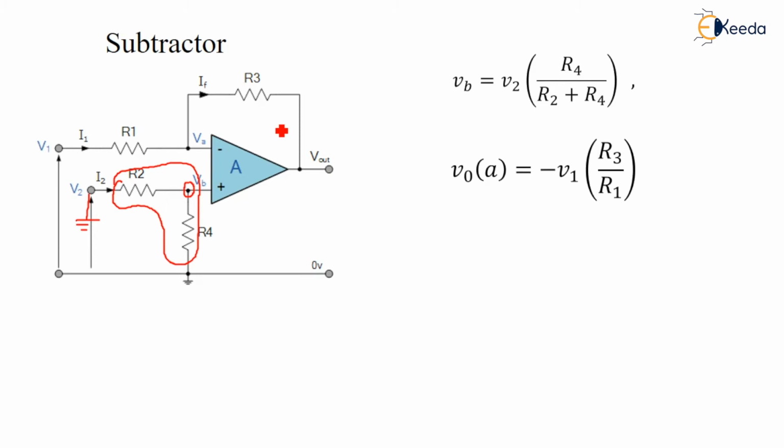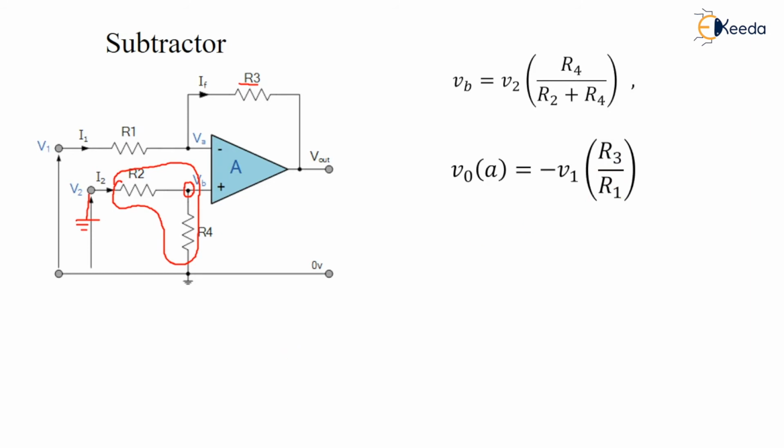In an inverting amplifier, we know the output voltage at VA point is equal to gain into input voltage. Because this is an inverting configuration, the gain will be minus RF upon R1. Here RF is nothing but R3. So your equation will be minus V1 R3 upon R1.